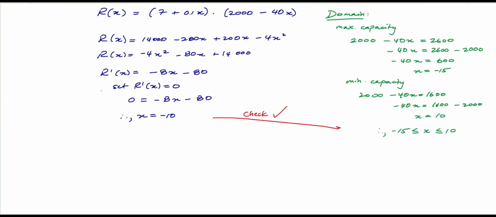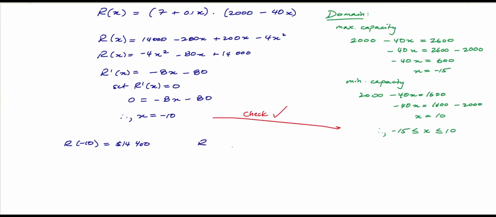Okay, so let's start right here and evaluate this at -10. If I plug -10 into the original equation, I get $14,400. So that's my revenue if I decrease the fare 10 times at 10-cent increments. That means I'm decreasing the fare to $6.